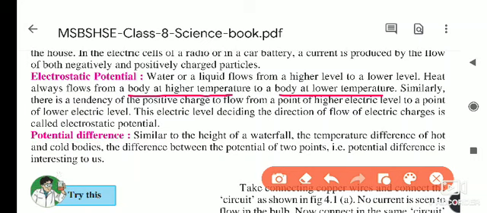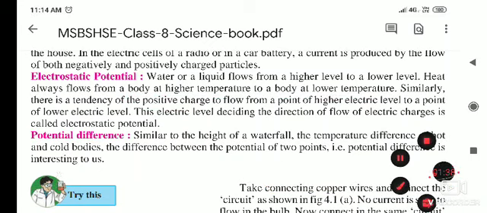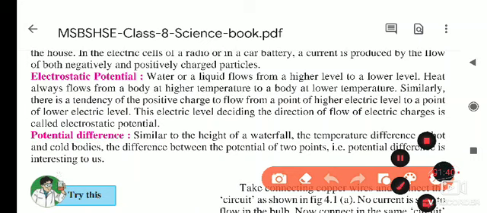Similarly, there is a tendency of the positive charge to flow from a point of higher electric level to a point of lower electric level, and this electric level deciding the direction of flow of electric charge is called electrostatic potential. So for this we can write the whole paragraph, otherwise these points are important in that note.